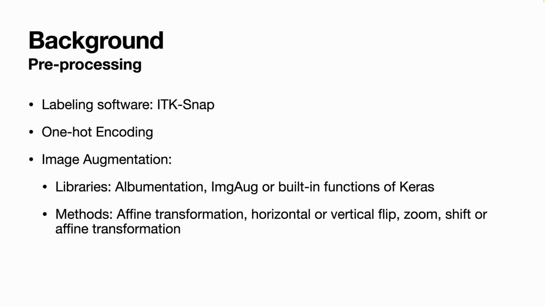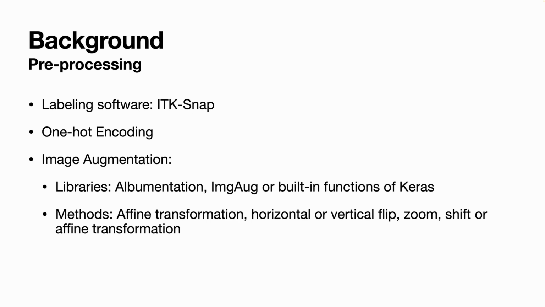Then, one-hot encoding is a step to encode a class into numerical form, and image augmentation is to generate new images with slightly varied data from the original ones, but it should still keep the meaning of the image.